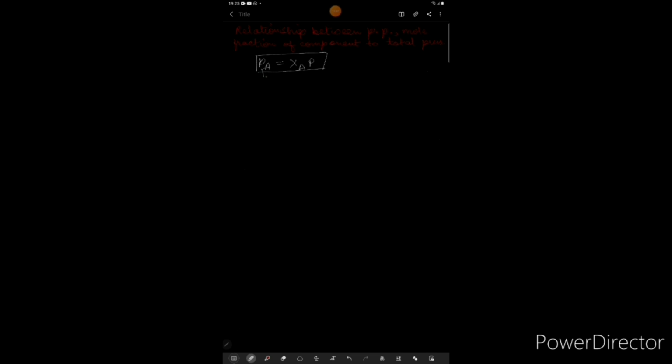So this one is the partial pressure of component A, this is the mole fraction of component A, and this is the total pressure of the mixture.